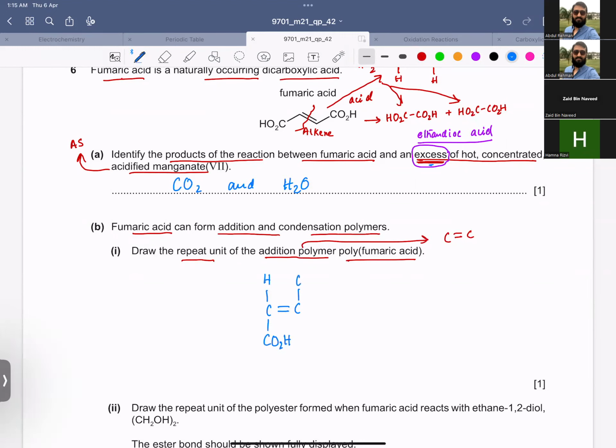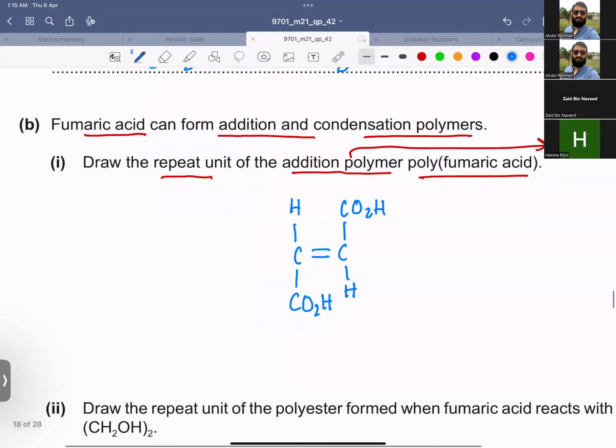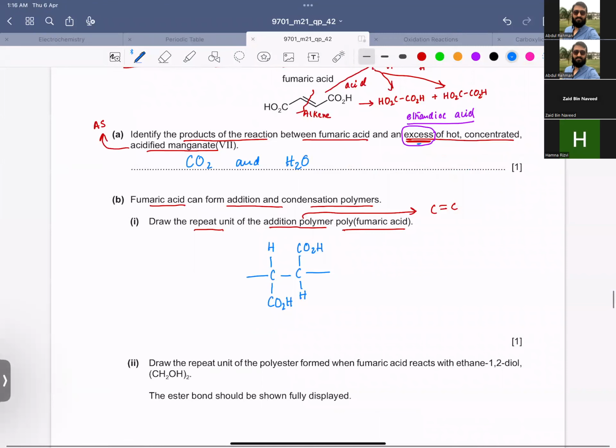The other carbon also has a carboxylic acid and hydrogen. So to draw the repeat unit, I just need to remove this double bond and make two empty bonds on the left and right. Now this is the repeat unit of the addition polymer. Yes, is this clear?